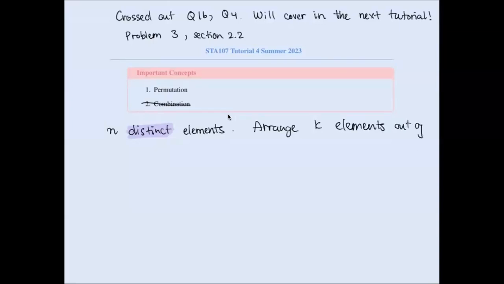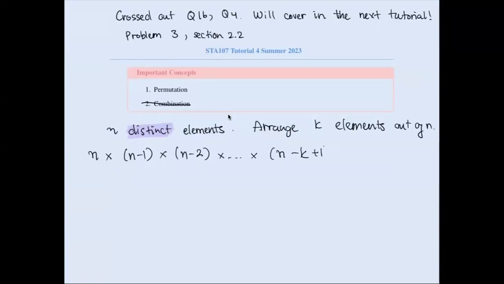Then the number of ways that you can do that is, not this one, sorry, it would be n times n minus 1 times n minus 2 up until n minus k plus 1.